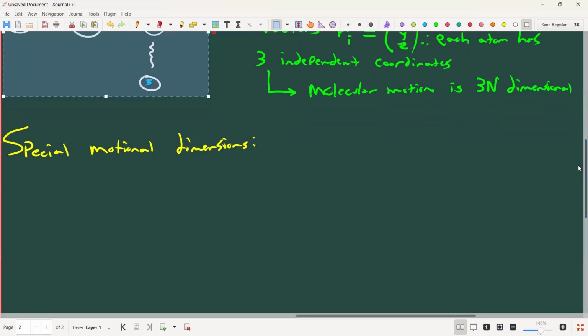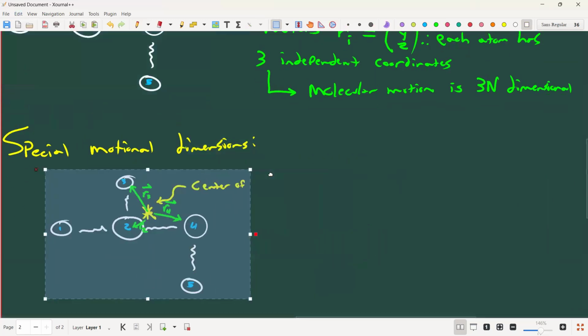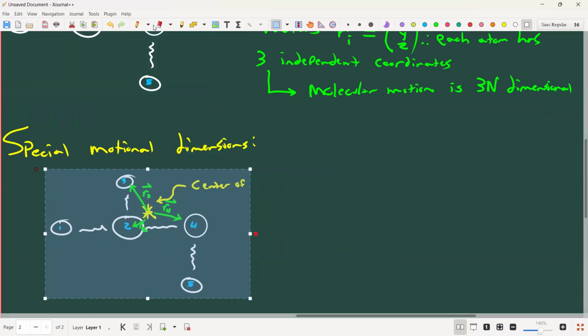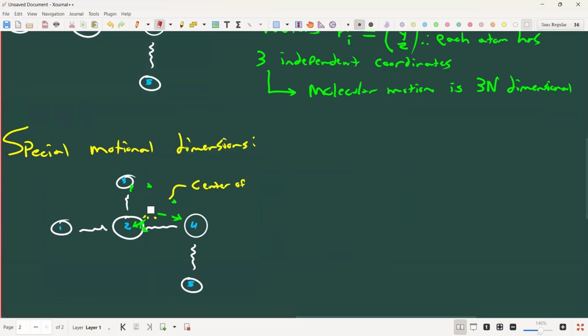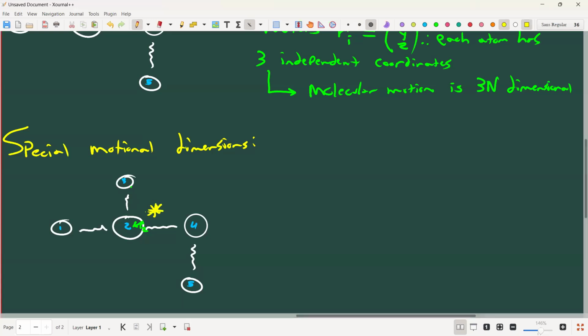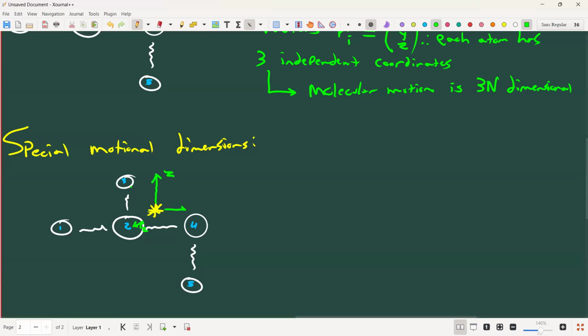There is a set of displacements where all of the atoms move together. So you have a motion of the center of mass, which can move in z, x, or y.